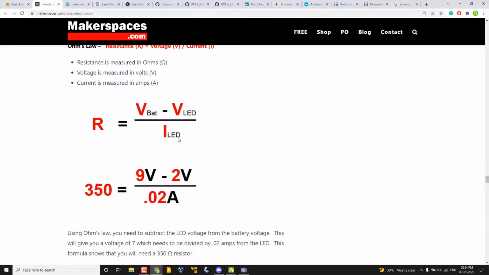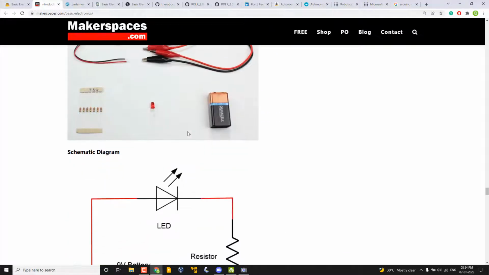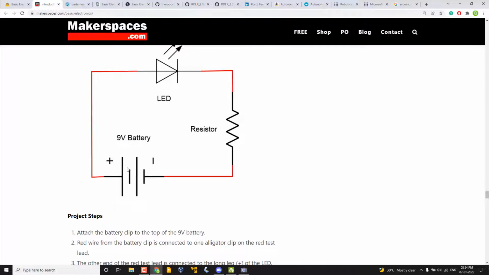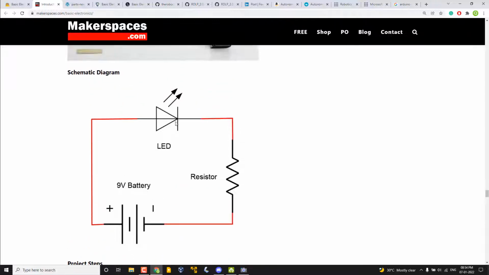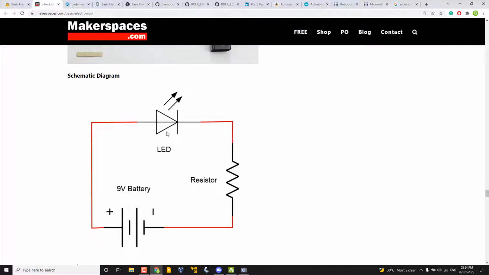In order to compute the resistance, we need to know the supply voltage, which is 9 volt, and we need to know the LED voltage.